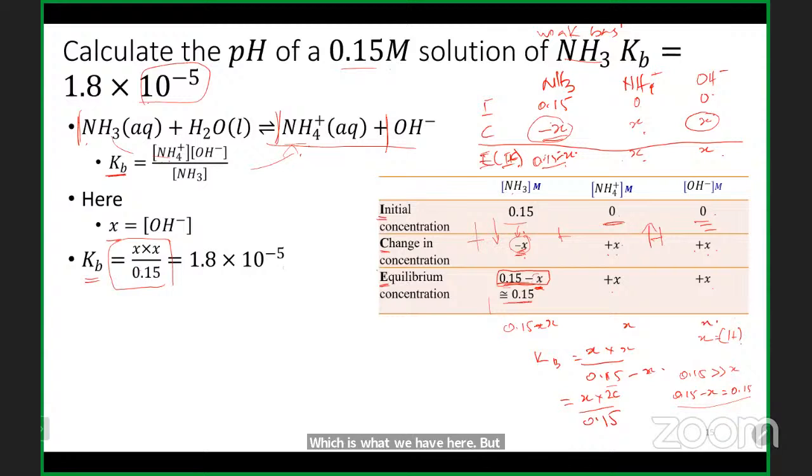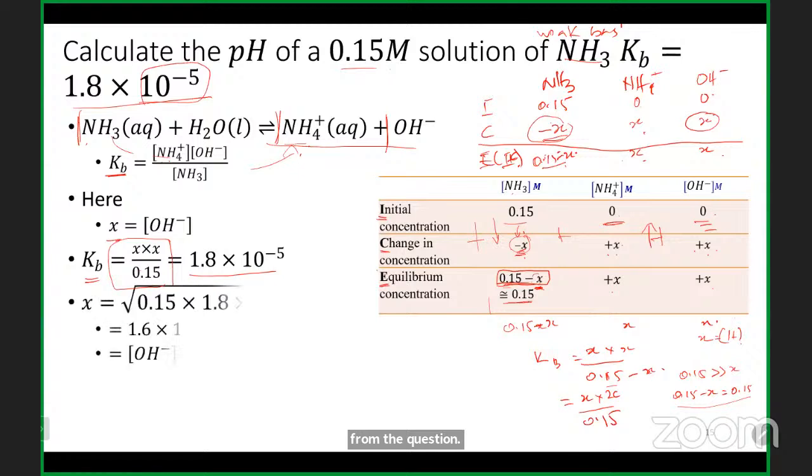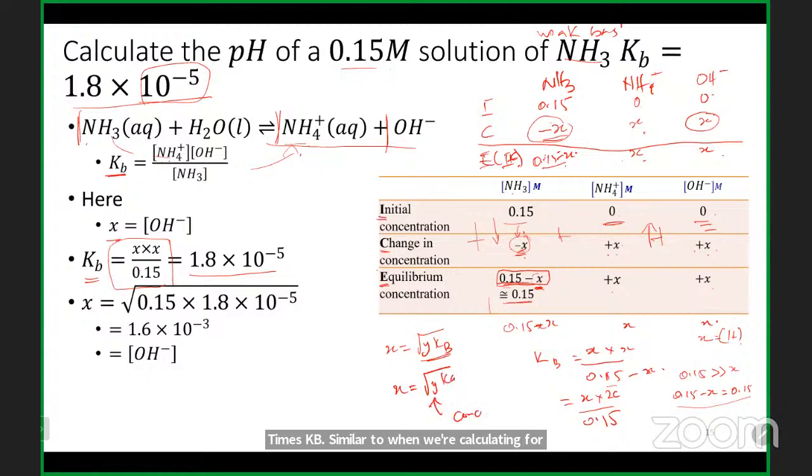We're given the value of Kb from the equation, so our X can be calculated. You see, we still arrive at X being equal to the square root of Y times Kb, similar to when we calculate for acid, Y times Ka, where Y is the concentration of acid for weak acids and the concentration of base for weak bases.